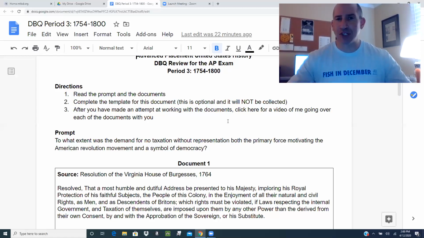French and Indian War is a game changer, massive debt. Now the colonies are going to be regulated economically in order to pay off that debt. And as they're now regulated economically and taxed, this is an affront to their liberty, okay?